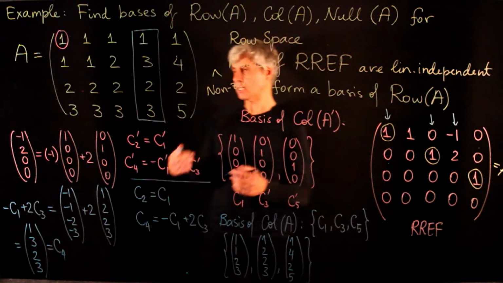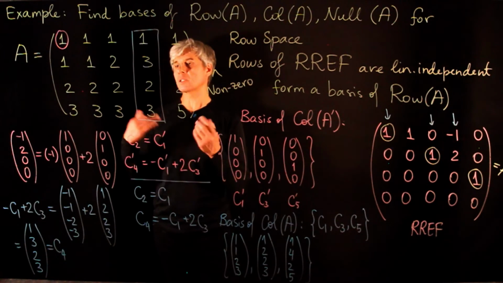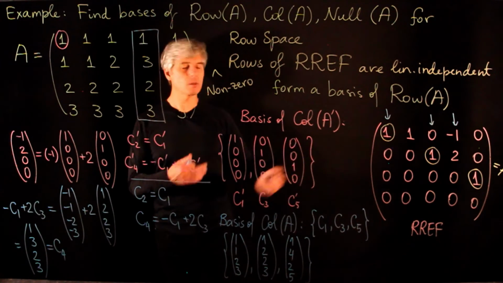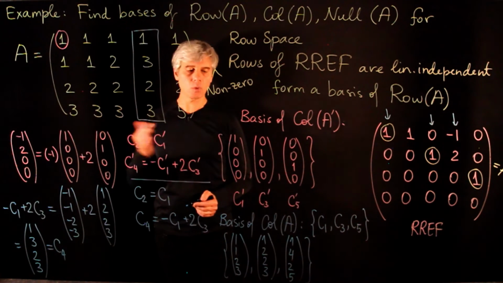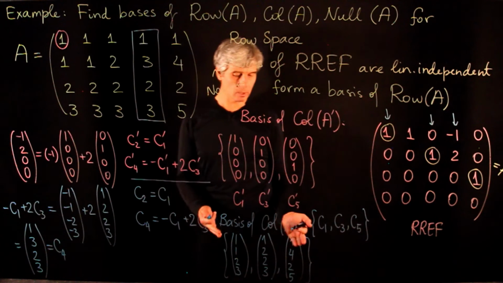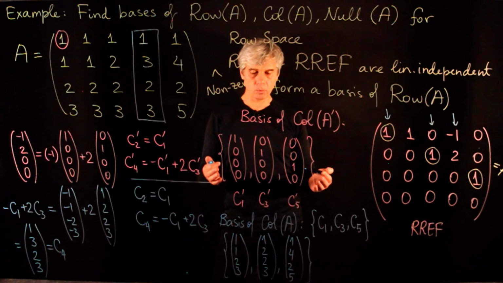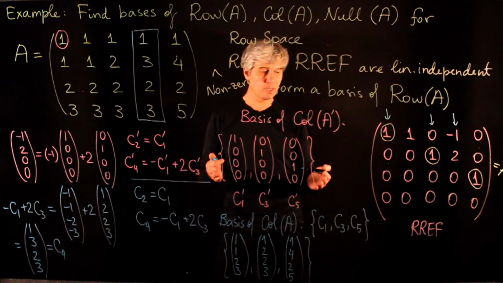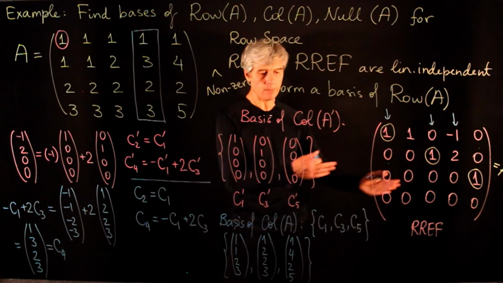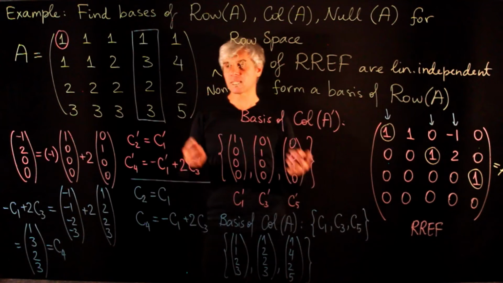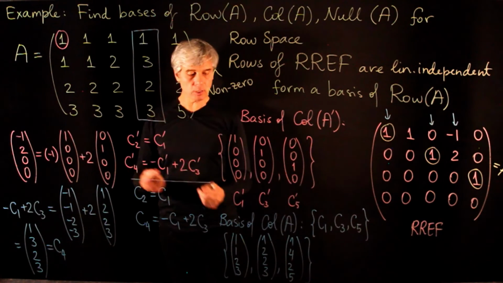And so this allows us, since we can see now using the reduced row echelon form, what are the linear dependencies between columns here. So what we do is we take a basis of pivot columns for the column space of A prime, and then the same columns in the original matrix, right?